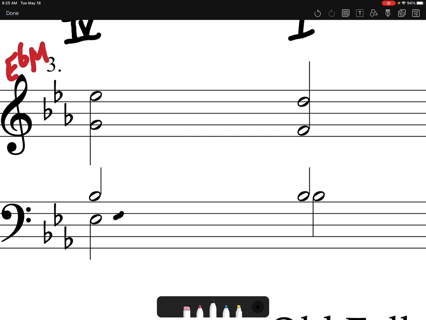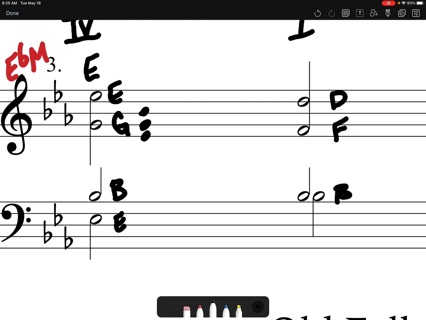So I name my notes E, B, G, E, D, F, B. I do my snowman E, G, B. So this is an E flat chord, which would be a 1 chord. And then here, is that right? Yes, it is.